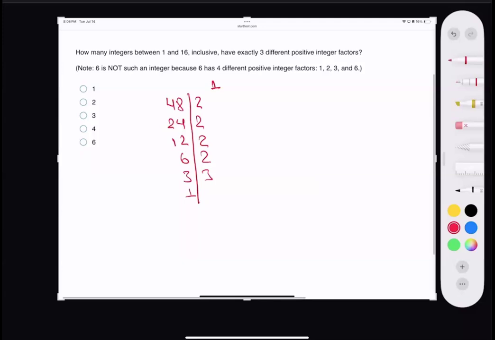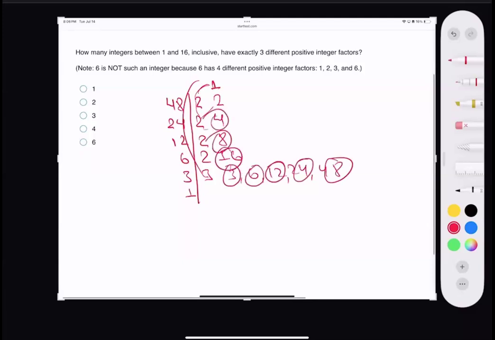Another technique: 2 times 1 is 2, 2 times 2 is 4, 2 times 4 is 8, 2 times 8 is 16. Then 3 times 1 is 3, 3 times 2 is 6, 3 times 4 is 12, 3 times 8 is 24, 3 times 16 is 48. 1, 2, 3, 4, 5, 6, 7, 8, 9, 10. So with the other technique, you don't need to know who they are to know how many they are. Do you agree?